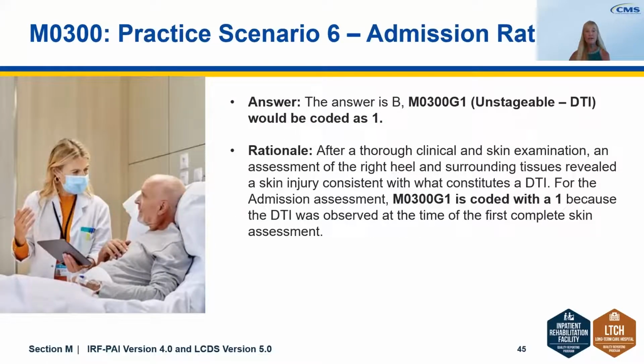And in the scenario, a DTI would be coded because, per the scenario that we read, after a thorough clinical and skin examination, the assessment of the right heel and surrounding tissues revealed a skin injury consistent with what constitutes a DTI. Remember that coding of MO300 is based on the first complete skin assessment that occurs within the 3-day assessment period.